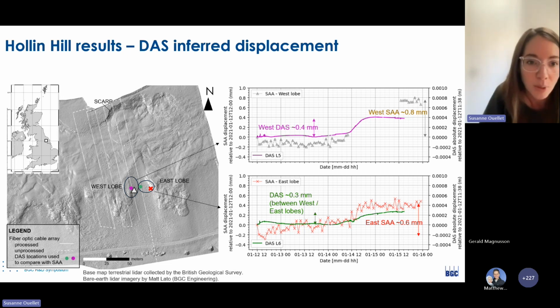At both of these locations, we can see that the magnitude of displacement from the DAS is roughly half that of the SAAs. But we can also make out that they are quite correlated, at least at this location. Because we're missing data from this SAA up here, in terms of when we begin to see the increase in displacement, we can see that the increase happens at around the same time.